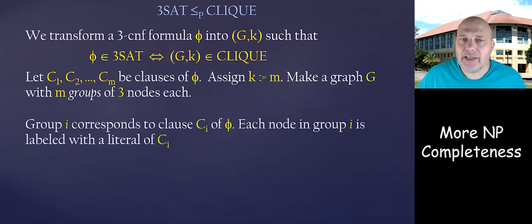So group i of vertices corresponds to the clause Ci of the formula. And furthermore, just for the sake of the construction, we'll erase all these labels later, but at least in our mind, we're going to label each vertex with one of the literals of Ci.